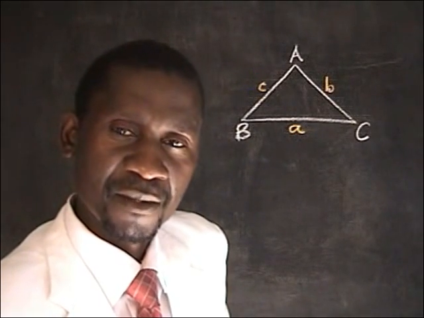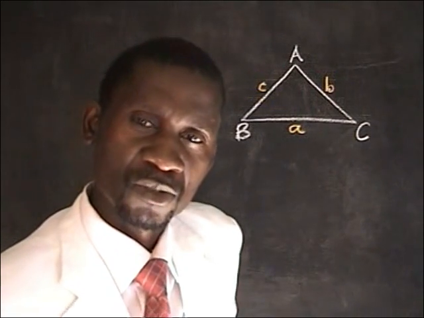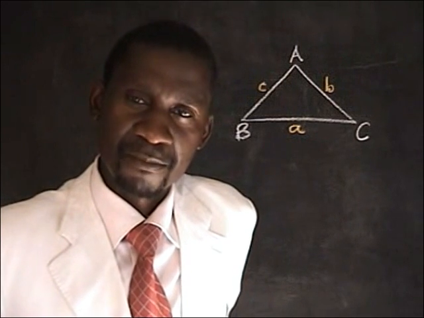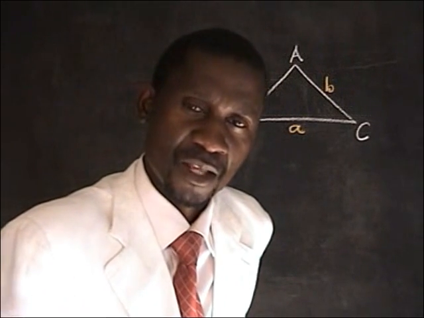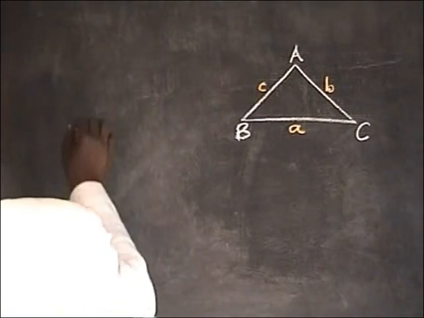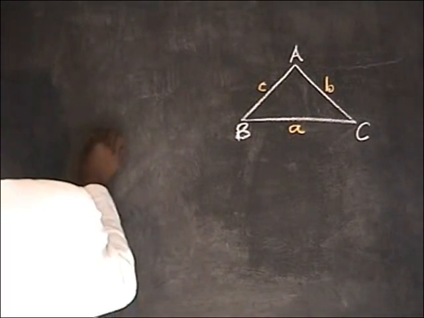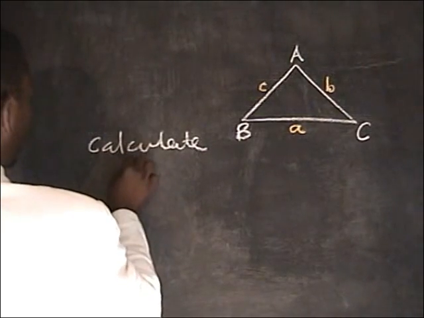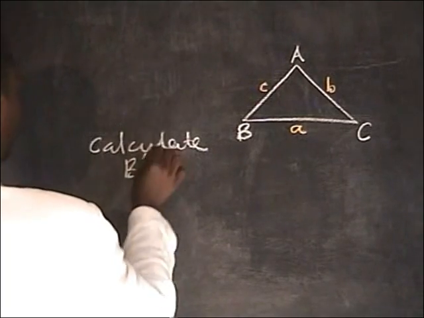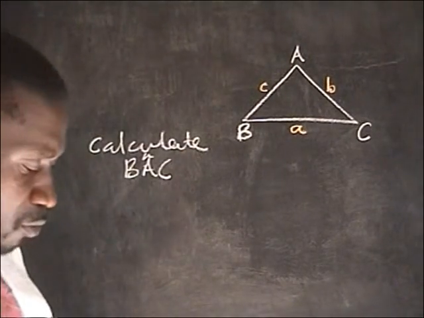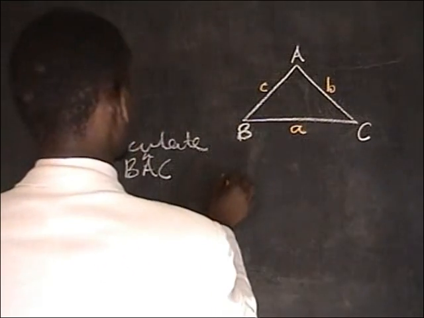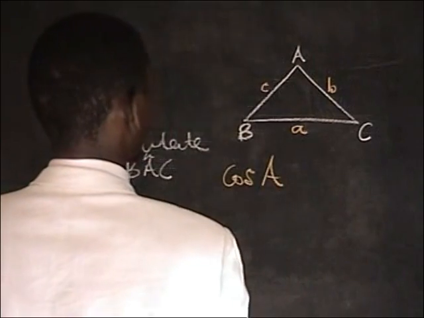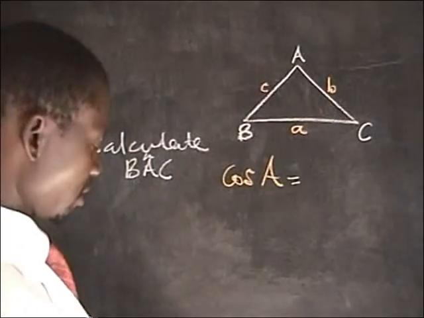And if that is the case, let's assume that you are told to find angle A. I'm trying to come up with a formula that can be applied in order for you to calculate angle A. So let's take for instance that you are told to calculate BAC, which means angle A. Now the formula to be used is that you start with cosine capital A, and after cosine capital A, this is going to be equals.